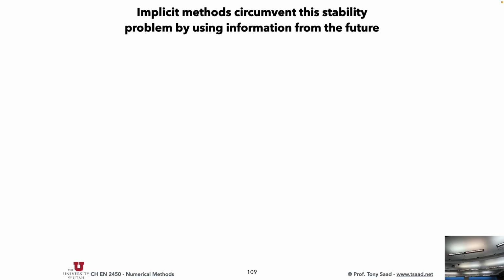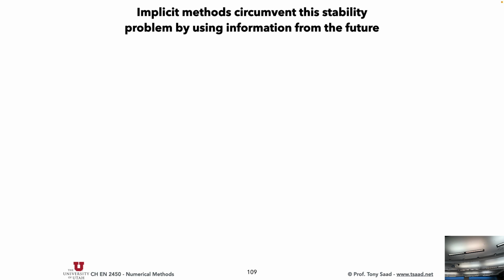This is where implicit methods were invented. If you remember last time, I told you the forward Euler method is like driving your car and looking in the rear view mirror. This stability issue is why that happens. With the forward Euler method, we evaluated the derivative, the slope, at n to predict the value at n plus 1.